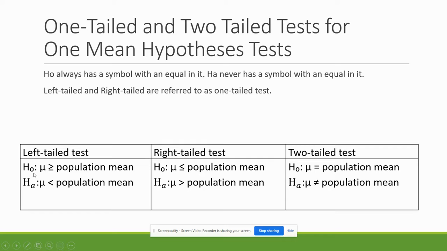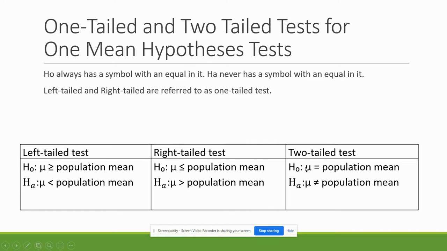All right, so left-tailed, my null will be the mean is greater than or equal to the population mean. The alternative is that the mean is less than the population mean. For right-tailed, it's the opposite. The null is the mean is less than or equal to the population mean, and the alternative is the mean is greater than the population mean.